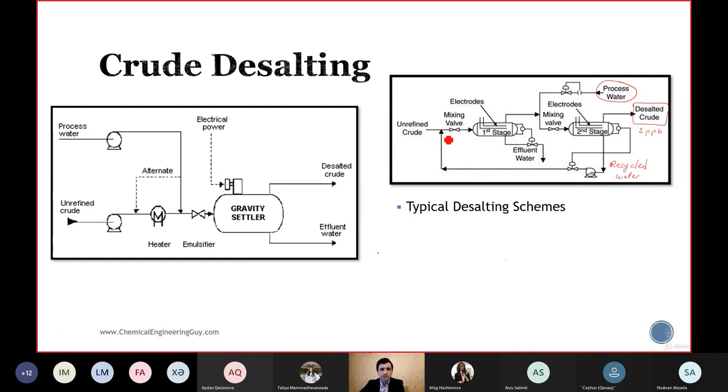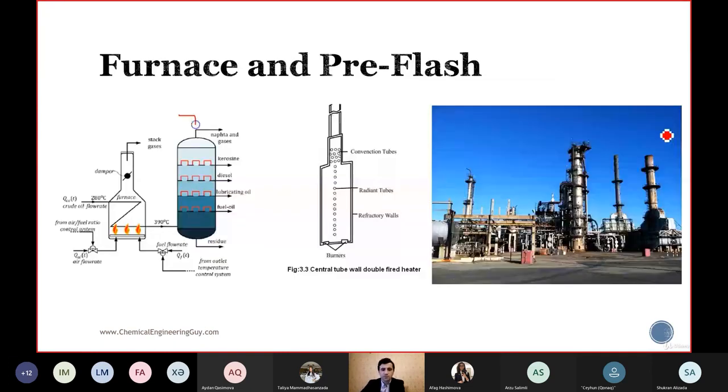Furnace and pre-flash. Most of the time we have furnaces before the distillation columns because we need to achieve the desired temperature first. Let's say here it's around 400 degrees. To achieve this, we need the furnace. But we also pre-flash.